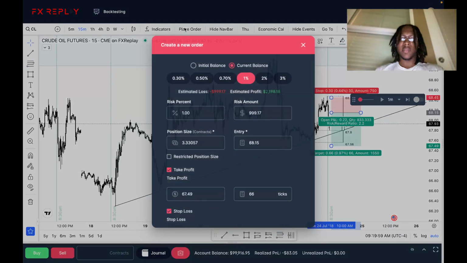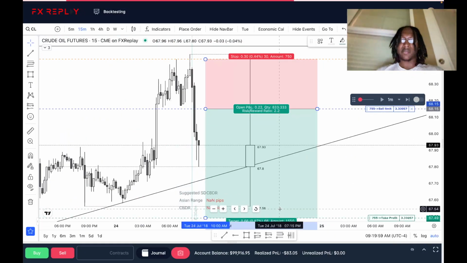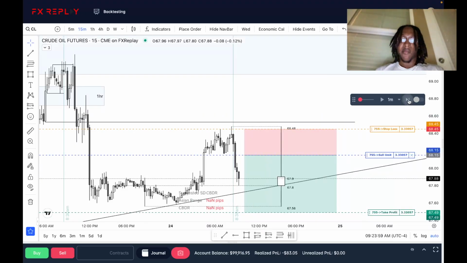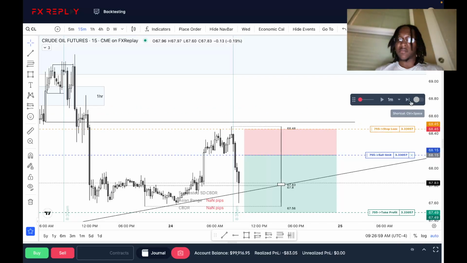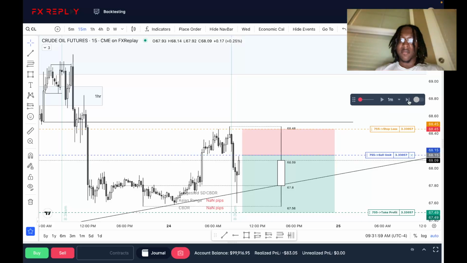Nice. Base order 1%. This is 9:15. Generate sell side liquidity. We get entered in at the fair value gap.